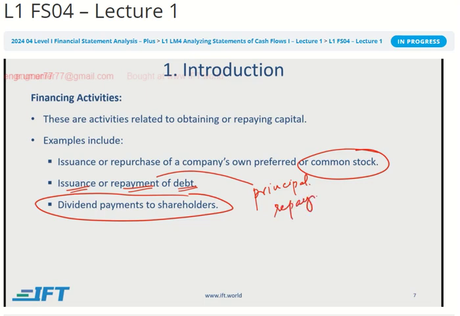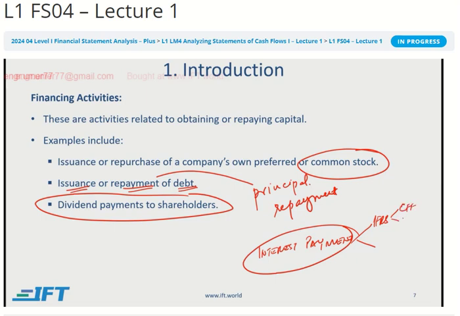As far as interest is concerned, that is going to be a little bit complicated, because interest payment, as I already told you, and I will tell you again towards the end of this learning module when we cover the IFRS and US GAAP differences, IFRS allows you to put it under cash flow from financing activities as well as cash flow from operating activities.